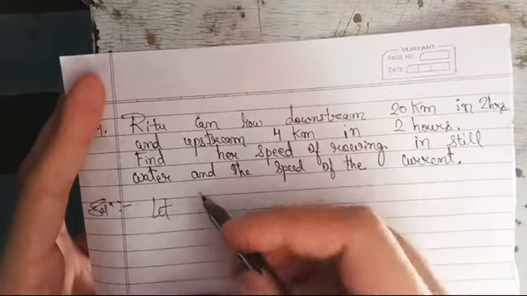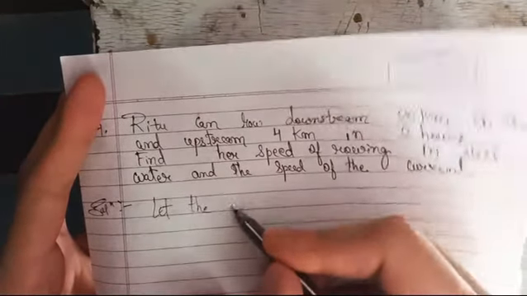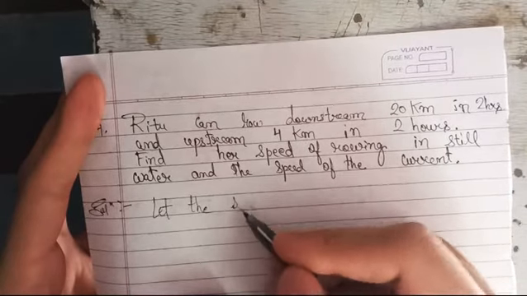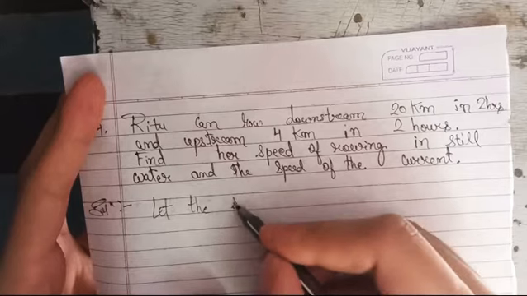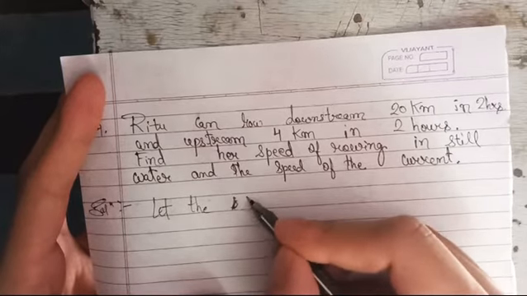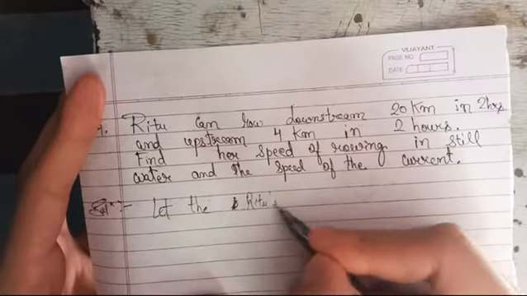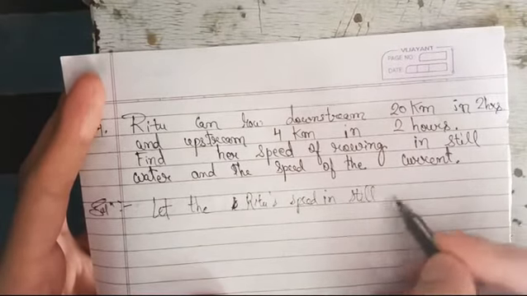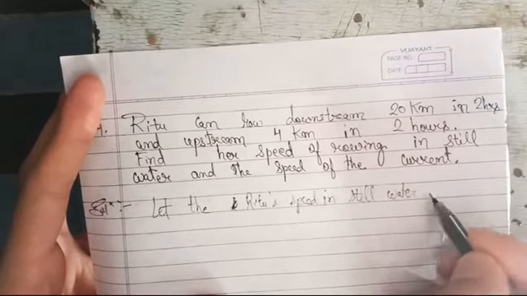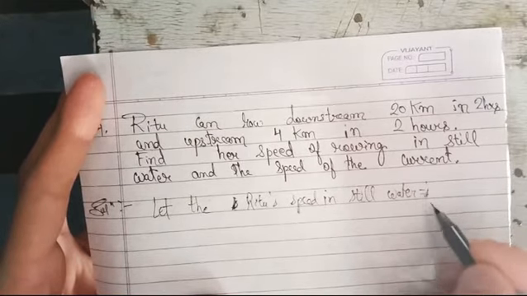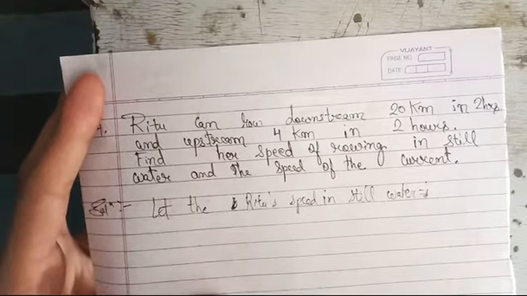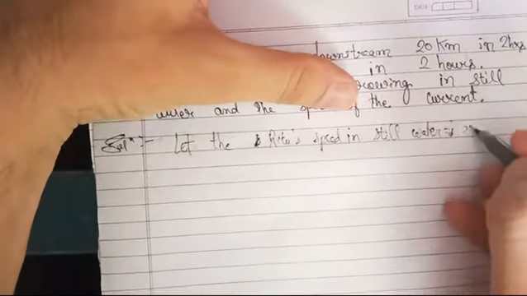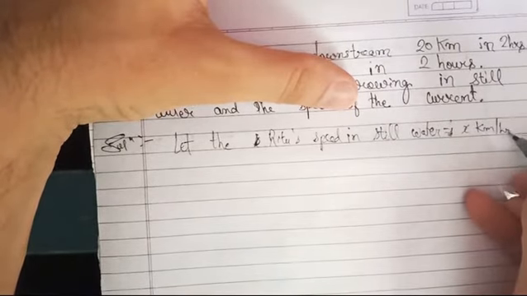So first of all, we will assume that Ritu's speed in still water is equal to x kilometer per hour.